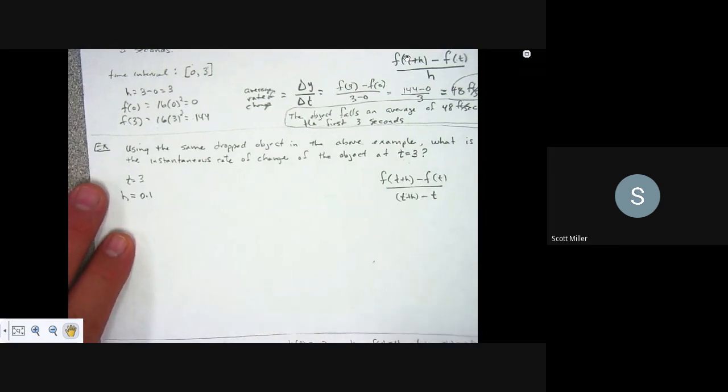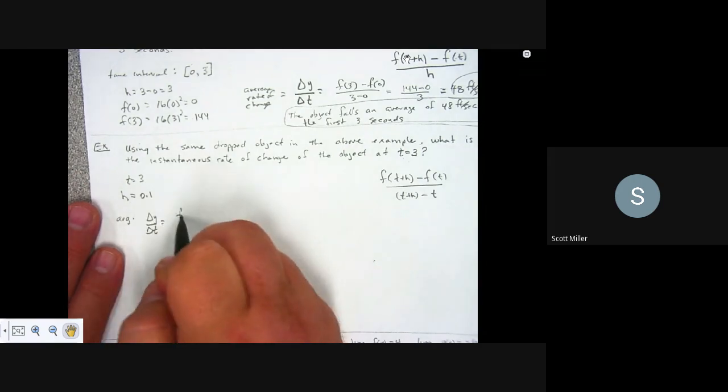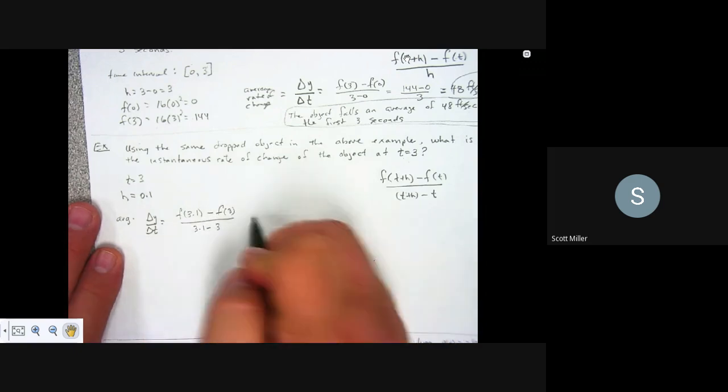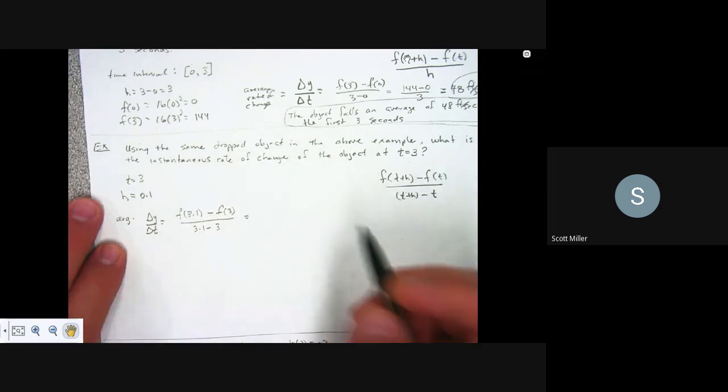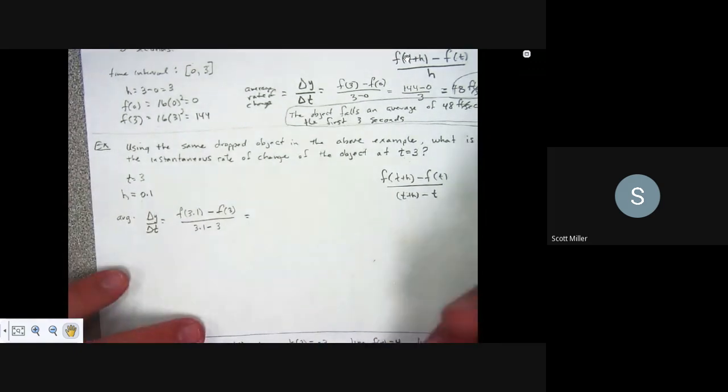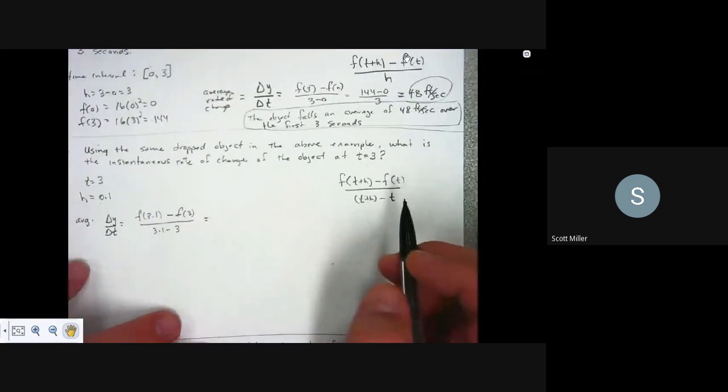So let's go ahead and find, at this value right here, what our average is going to be. Our average, which is the change in the y values divided by the change in the t, is going to be f of 3.1 minus f of 3 over 3.1 minus 3. As we work this out and plug our numbers into our equation, remember it's 16 t squared.